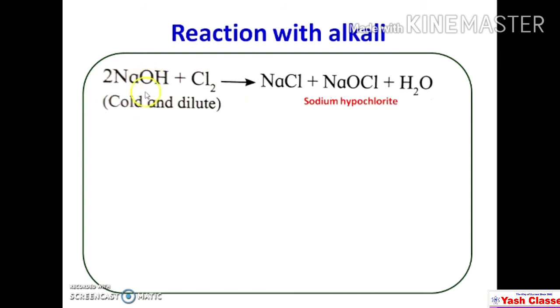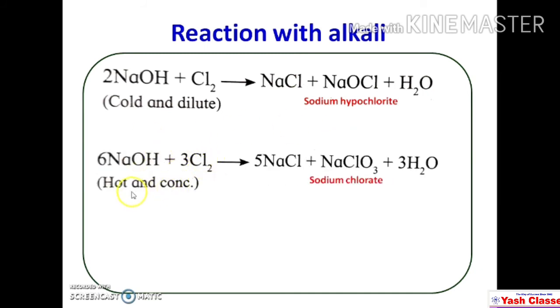When chlorine gas is passed through cold and dilute sodium hydroxide solution, there is a formation of sodium hypochlorite, NaOCl, one of the important compounds. Actually it is an oxidizing agent, NaOCl, sodium hypochlorite. Simultaneously we get NaCl plus H2O.